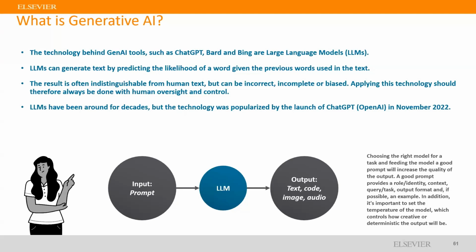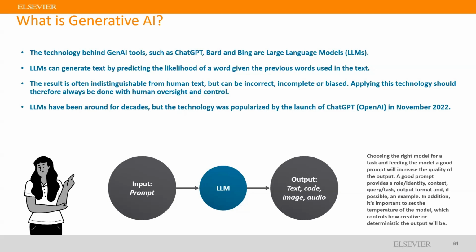There's, of course, ChatGPT, there's Bard, there's Bing, there's all these other large language models that are currently in use. But by and large, these are based on consumer type of information and are not necessarily usable in science.